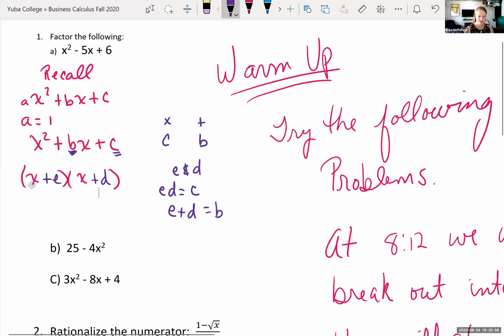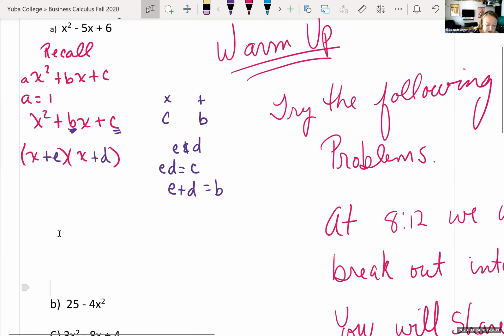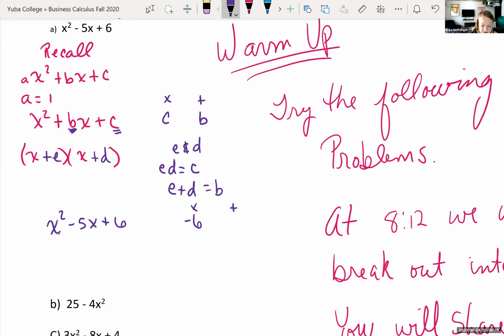Okay, so let's look at that. In our example, our constant is 6. And so we're looking for 2 numbers that multiply to give you positive 6 but add to give you negative 5.